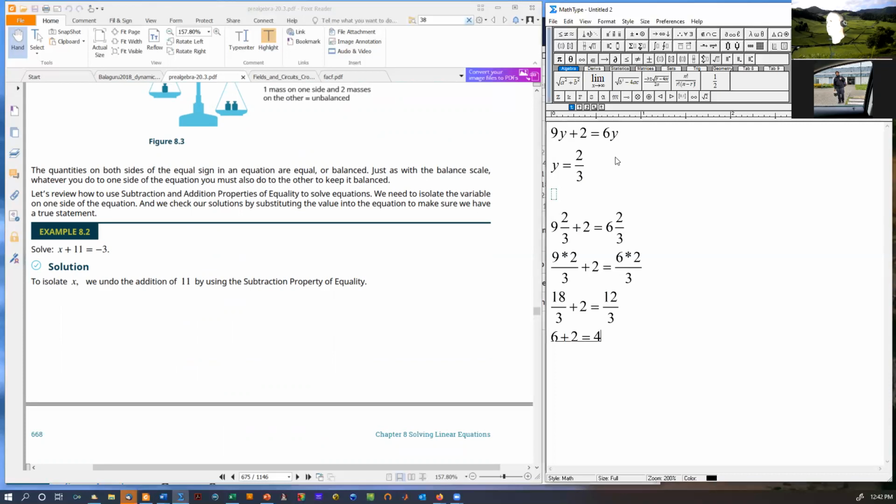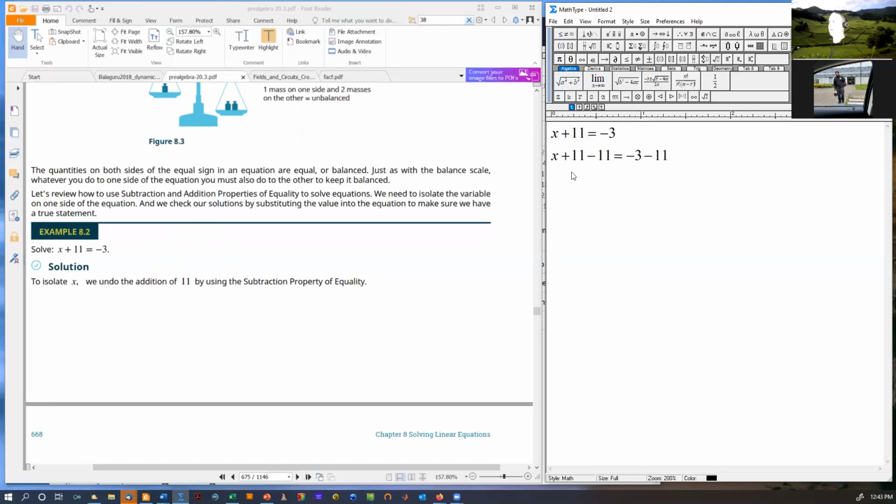Okay, so now we're going to go back and look at using these properties to solve simple equations, right? So let's look at this example here. They have x plus 11 equals -3, okay? So what value of x makes this whole equation true? Well, we can figure that out by using this balancing property of subtraction. X plus 11 minus 11 equals -3 minus 11.